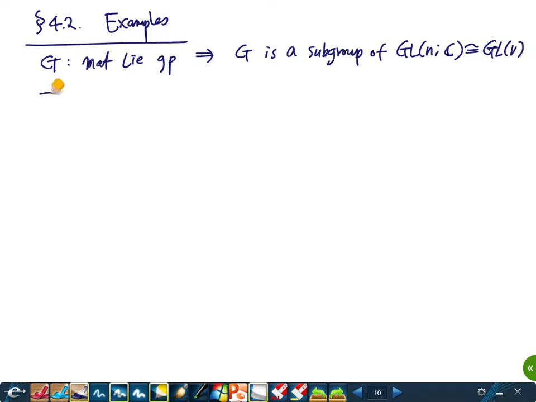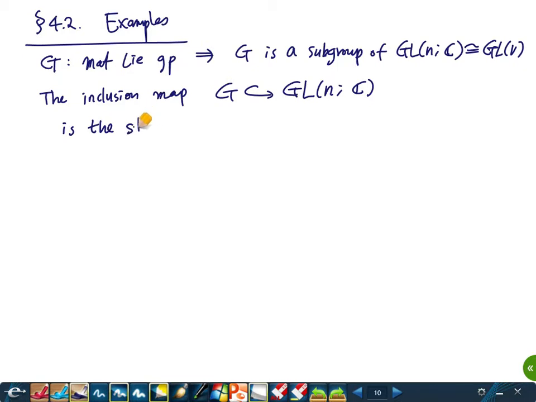And the inclusion map, because it's a subgroup, it's already there. This is a representation. This is called the standard representation.